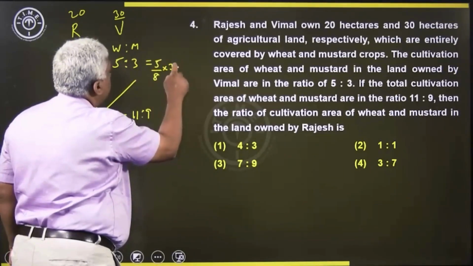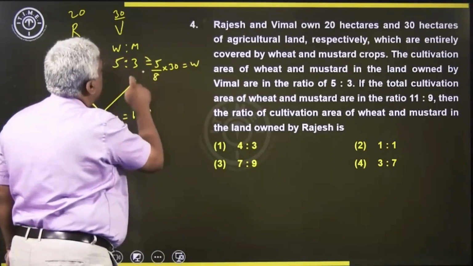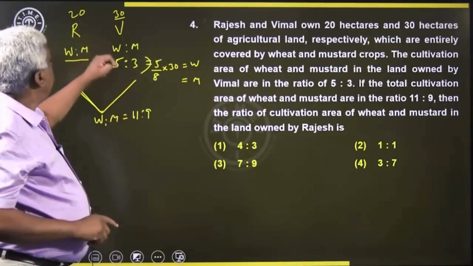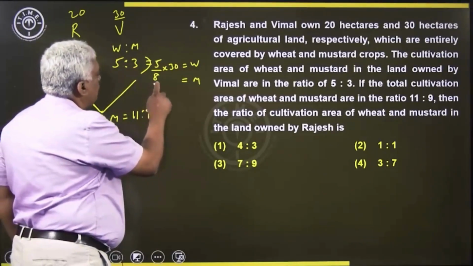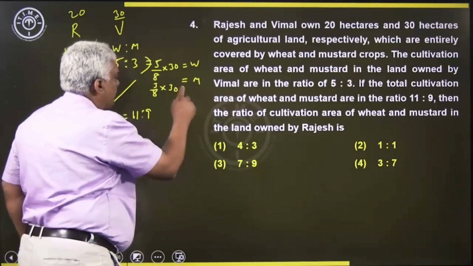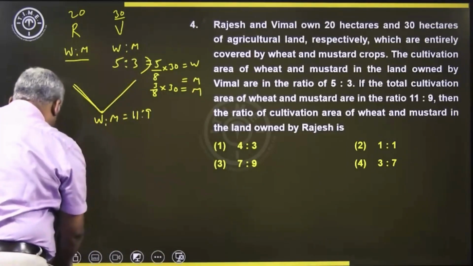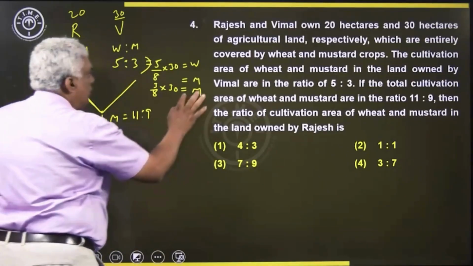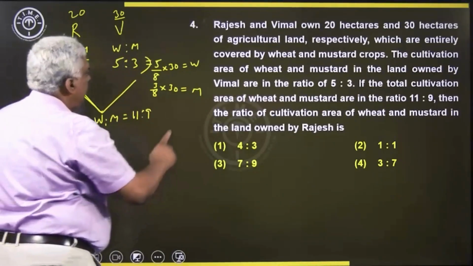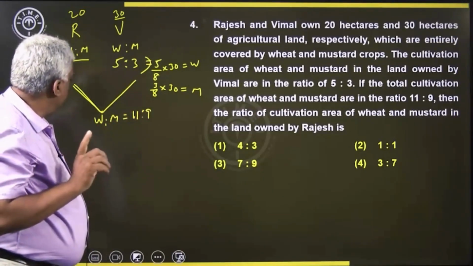And for Bimal, mustard will be 3/8 into 30. So we got Bimal's wheat and mustard area.